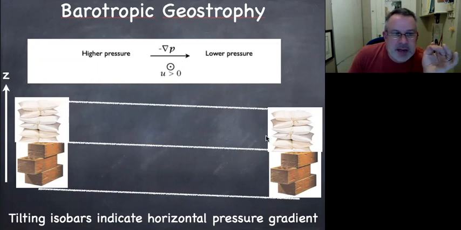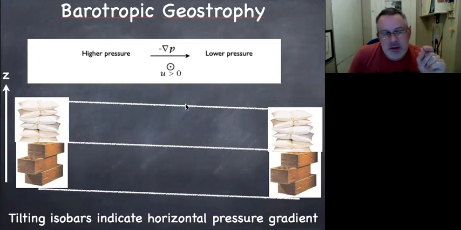At the bottom of the stack of pillows, this stack of pillows is just as tall as this stack. So there's the same isobaric slope here. And then we put the same height stack of bricks and we get the same isobaric slope down here.